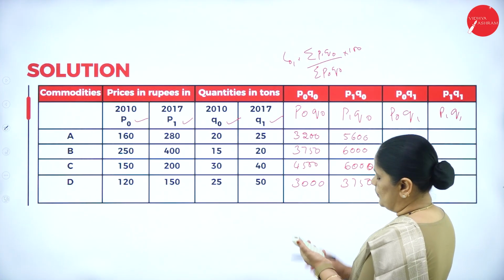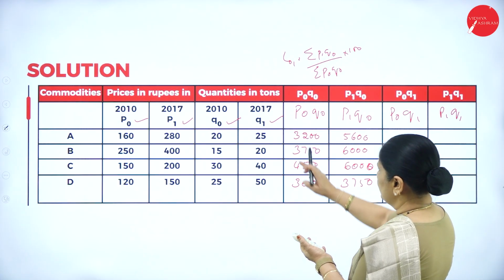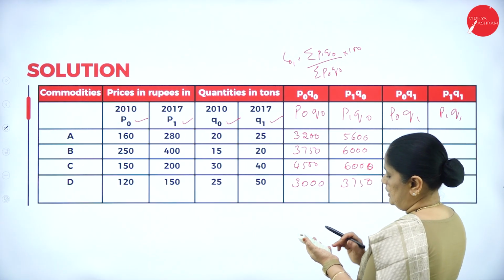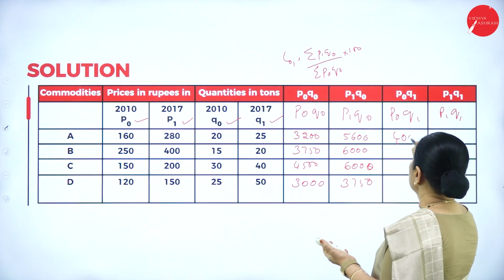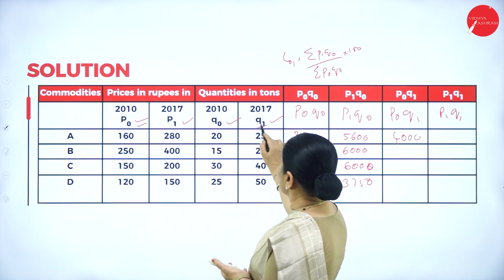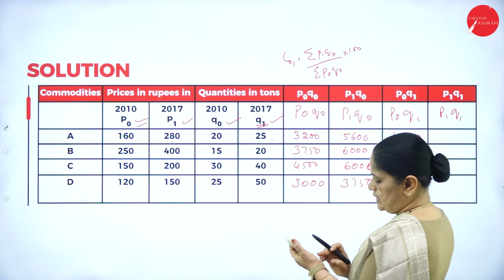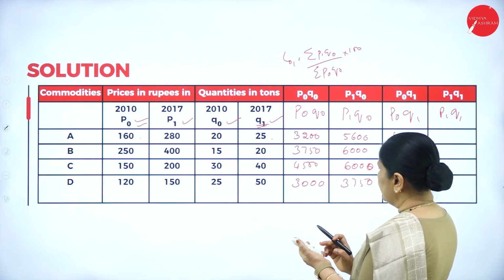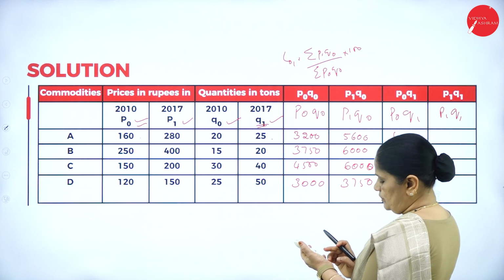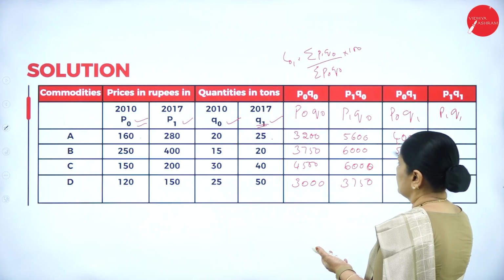Next, P0 Q1. So, P0 Q1 will be 160 into 25. That is 4000. Here, this is P0, this is Q1. Next, 250 into 20, 5000.